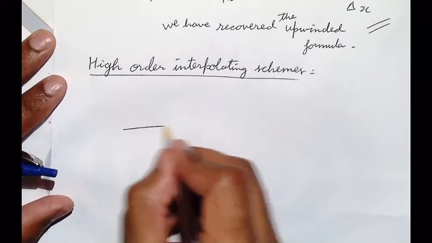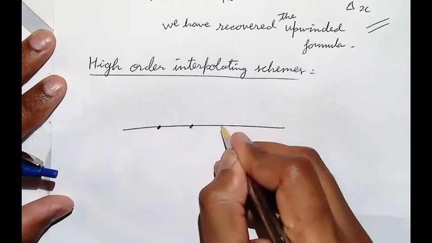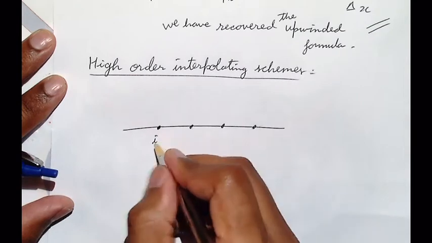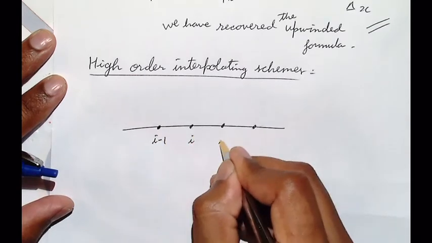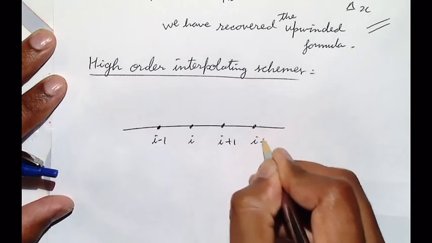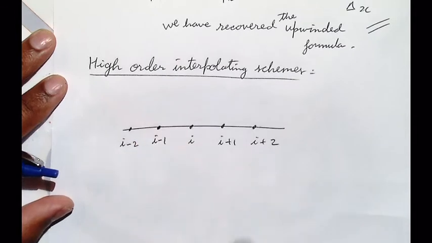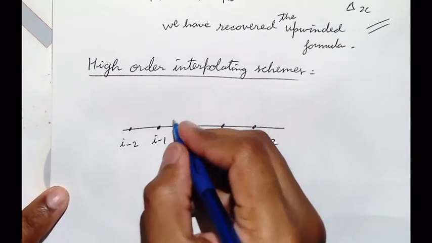So we have cells I minus 2, I minus 1, I plus 1, I plus 2, and this is our main cell of interest.